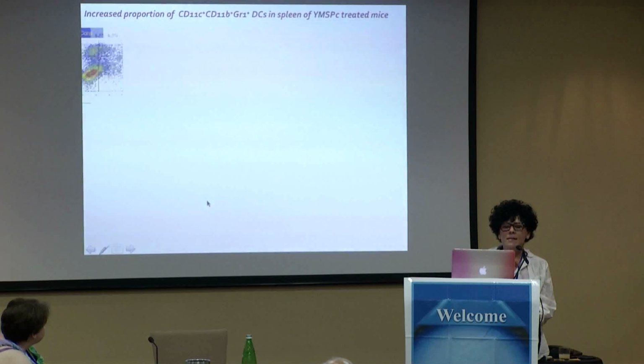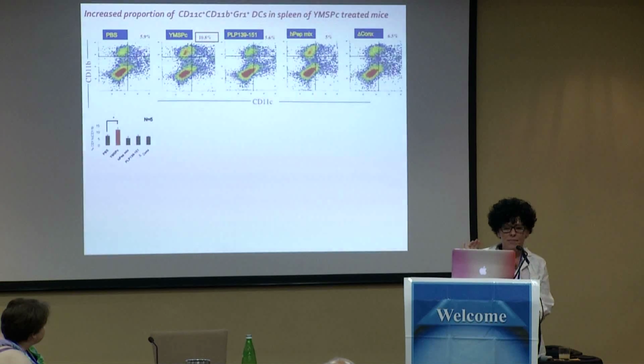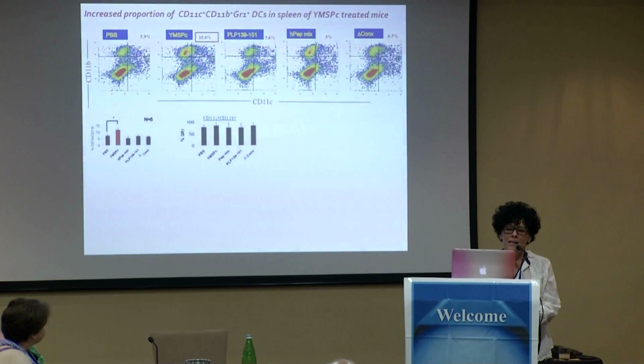We then tested the CD11c, CD11b in the spleen. As shown here, significant elevation of CD11c, CD11b population was detected upon YMSPC administration. All CD11c, CD11b expressed high levels of GR1.